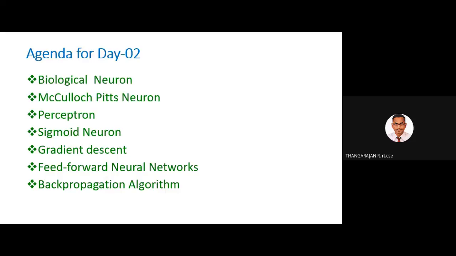So as I was saying, today, day 2, we go forward with the feed-forward layer, which has stacked layers of neurons, the first layer being the input layer and the last layer being the output layer.